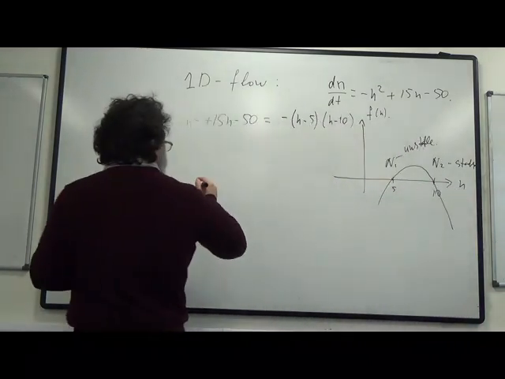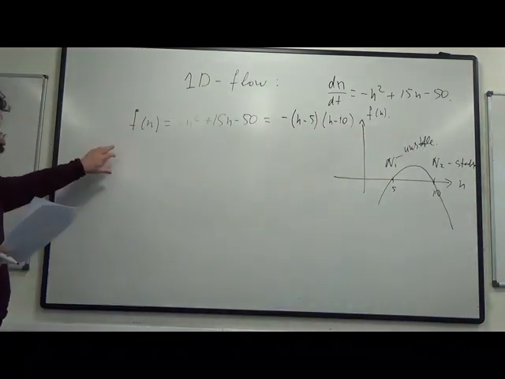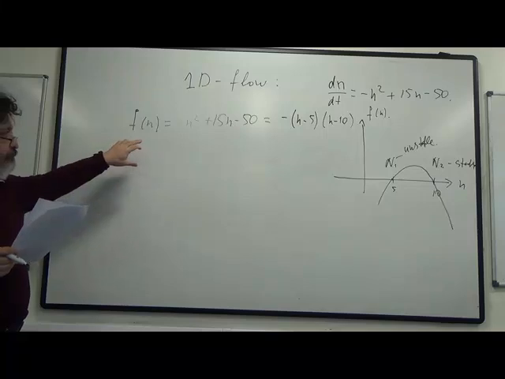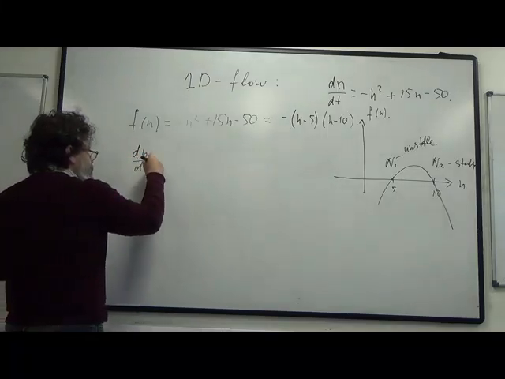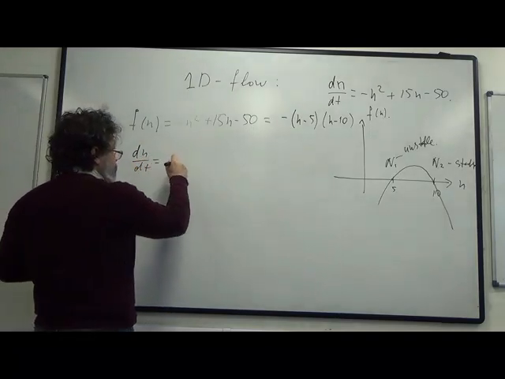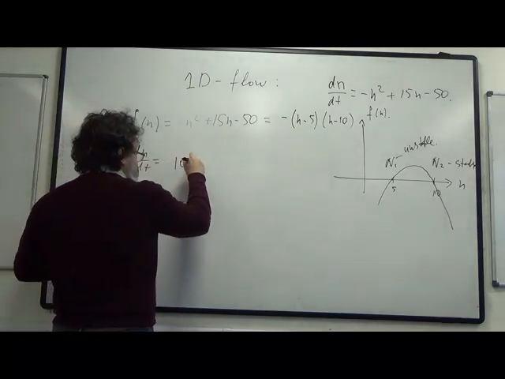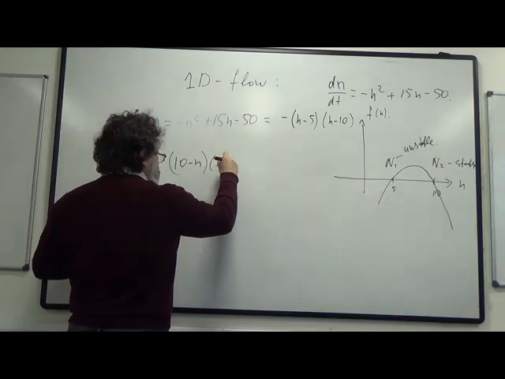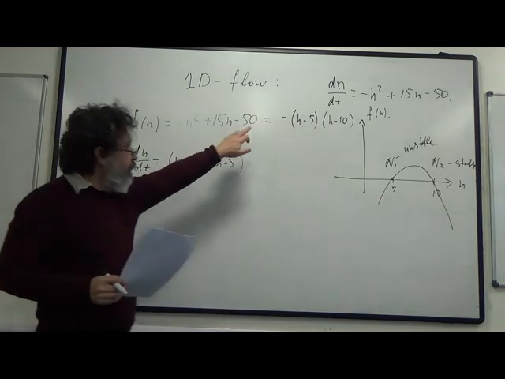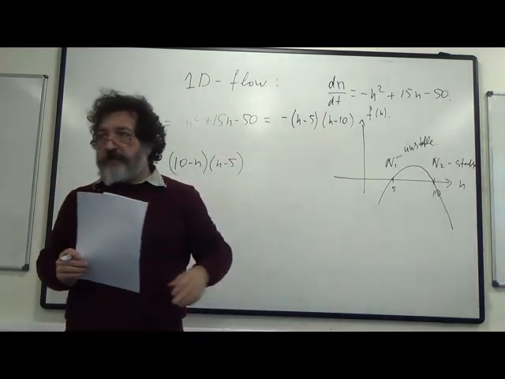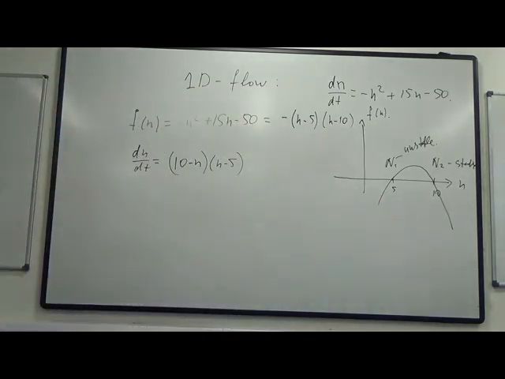Anyway, let's try. Let's recap how we do it. So what we have now, dn over dt equals, I will put it like this, (10 minus n) times (n minus 5). I just put this minus inside of this. What do we do to integrate it?